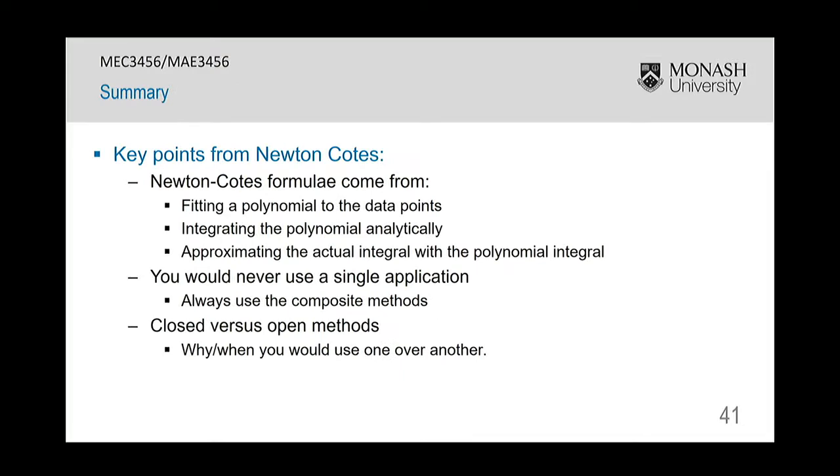So to summarize the key points from the Newton-Cotes idea, the Newton-Cotes formulas come from fitting a polynomial to the data points and integrating the polynomial analytically. And we approximate the actual integral with the polynomial integral. One of the most important things to remember is you will never use a single application of any of these Newton-Cotes formulas.